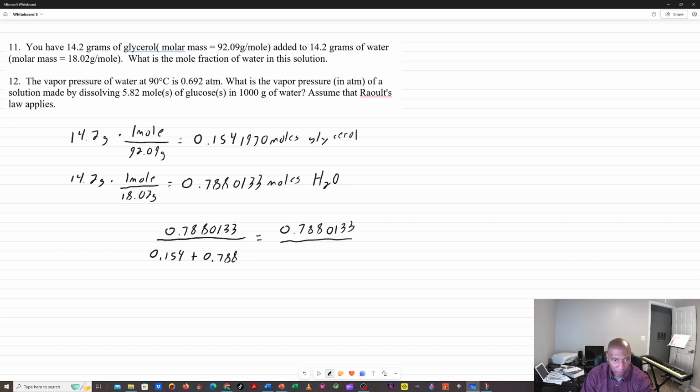All right, so that's going to be 0.788013. Now, when you're adding these numbers up, of course, the rules to expressing to the correct number of significant digits change, but they're going to be the same in this case, regardless. Because I have 3 digits to the right of the decimal point here, and I have 3 digits to the right of the decimal point here, so my answer is good to 3 digits to the right of the decimal point. 0.154 plus 0.788.